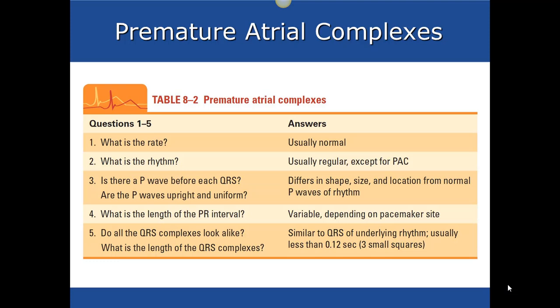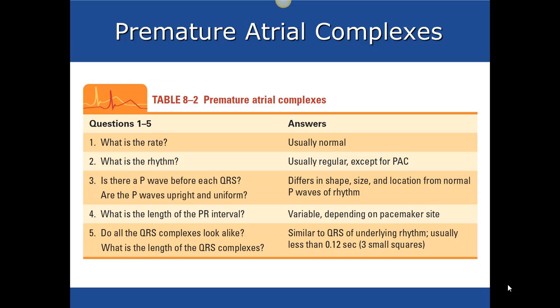So going step by step, we look at the rate. The rate is usually normal, within normal range. The rhythm is regular with the exception of the PAC. In checking, is there a P wave before each QRS, and are the P waves upright and uniform? The P waves typically differ in shape, size, and location from the normal P wave.